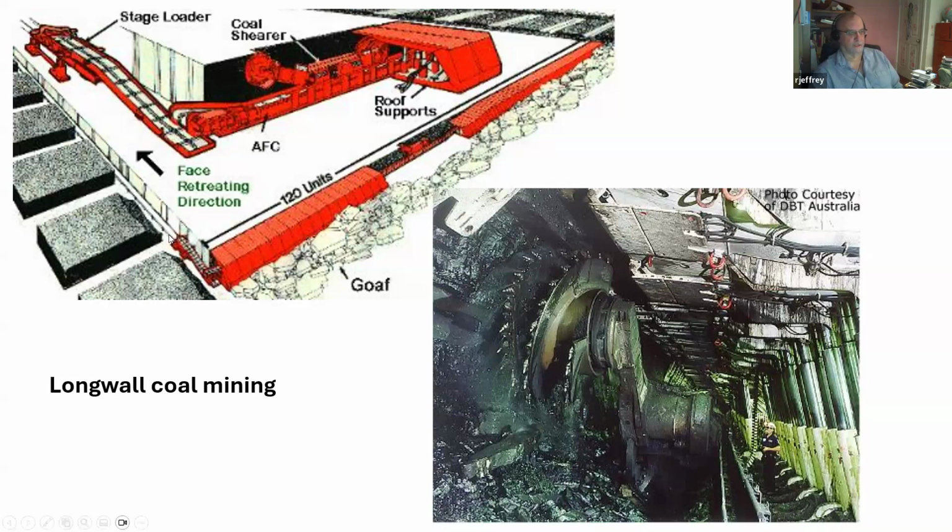And also these provide a way for air to enter, for ventilation, and for the coal, which is placed directly onto a conveyor at the face and conveyed out to the end of the face, where it's run through a crusher and then put on another belt and taken out of the mine, which you can see more clearly perhaps in the upper part of this figure.